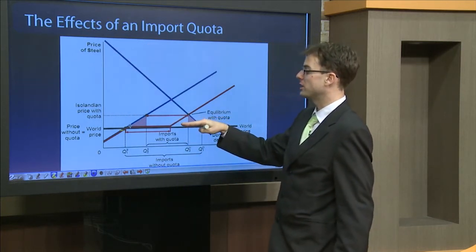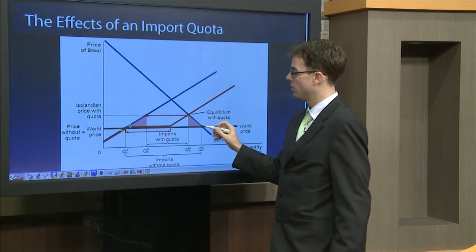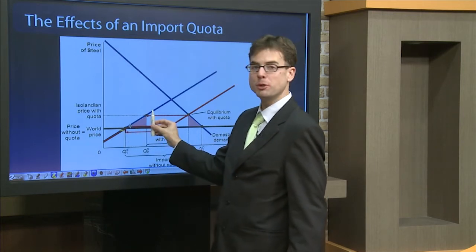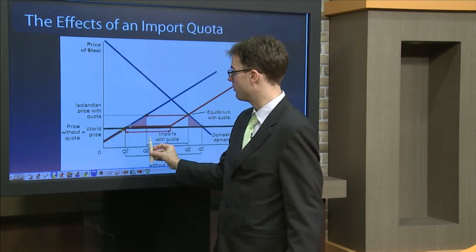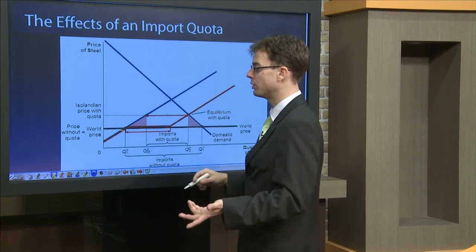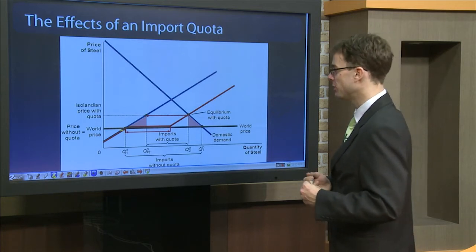So consumer surplus would fall compared to the free trade solution. At this price level, domestic producers would be producing this amount of output. So producer surplus would be this triangle. That means that producers would again gain from this government intervention.